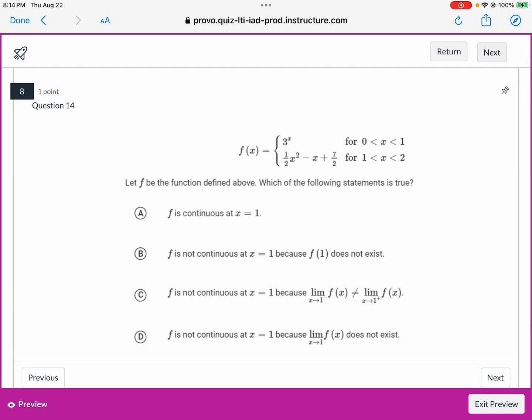So if it's going to be continuous, then you have to see that the limit from the left is equal to the limit from the right, and that the value of f of 1 is also going to be the same. I'll let you guys take a look at that. Pay attention to the inequalities in the piecewise function. See if you can find an accurate conclusion, as well as a reason. You have to make sure that the reason is correct. Okay.